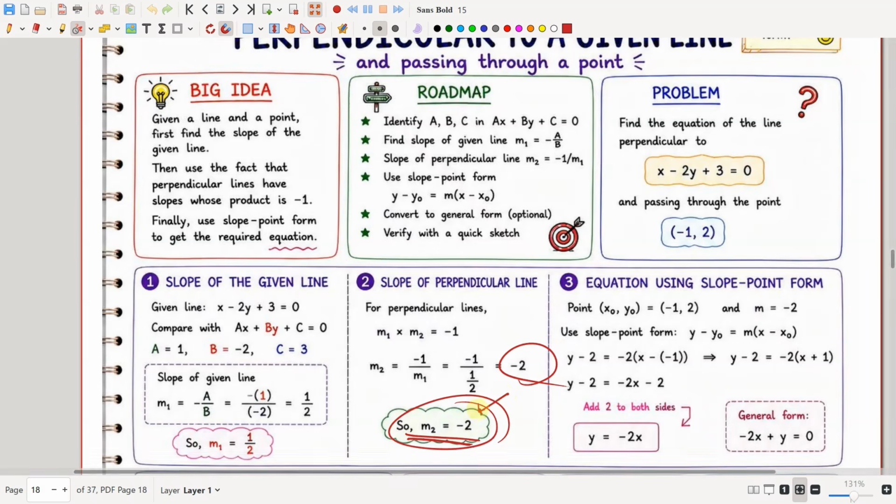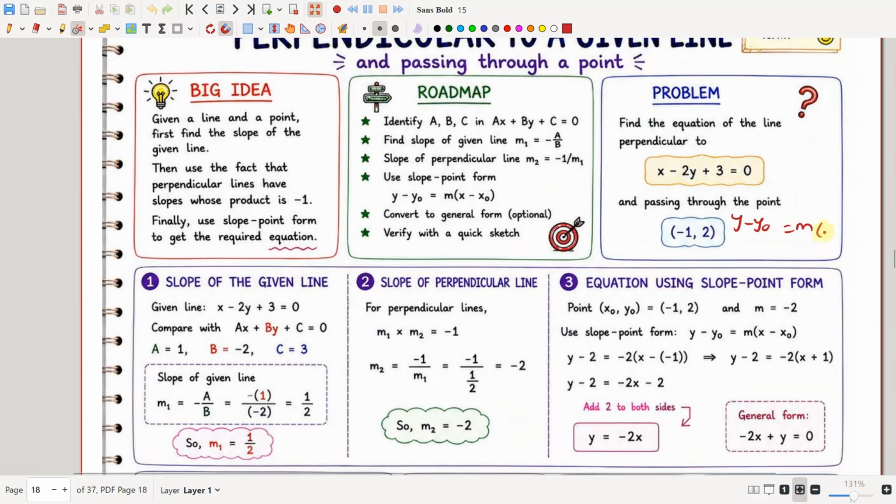So we have found the slope of the perpendicular line, and we have the point through which the perpendicular line is passing. So I have my m value. See, y minus y naught is equal to m into x minus x naught, right? Here m is m2. So y minus 2 is equal to -2 into x plus 1.